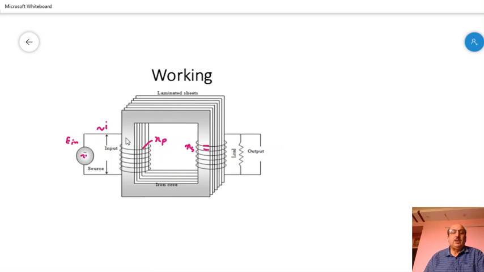Because of the current, magnetic flux is introduced, and it comes through the iron core, inside the secondary coil.